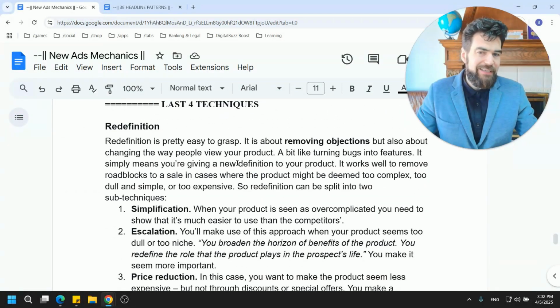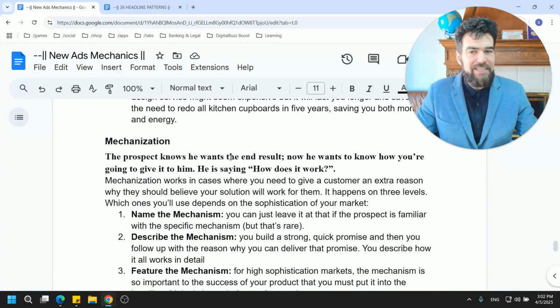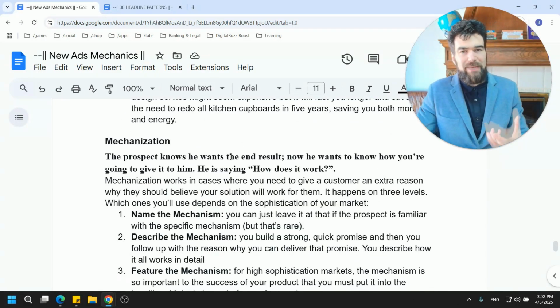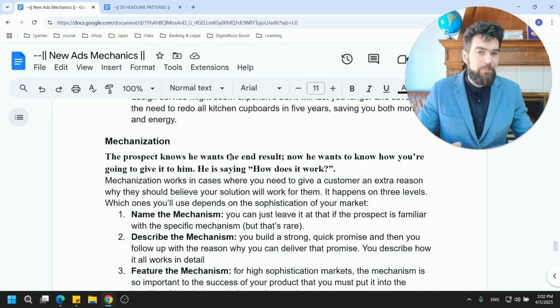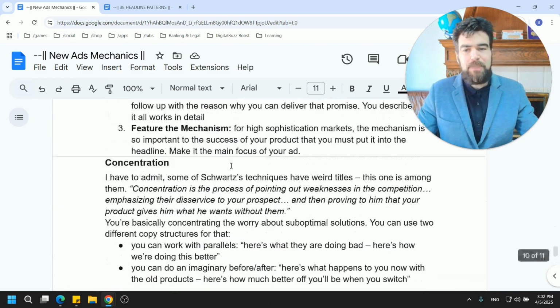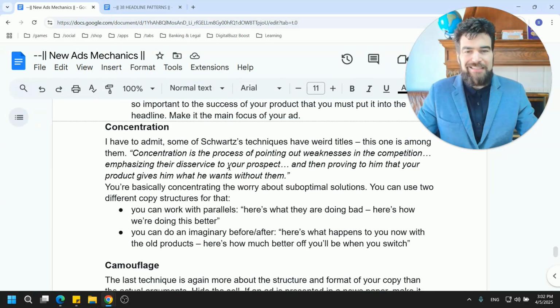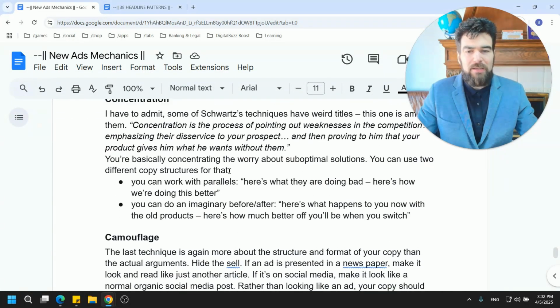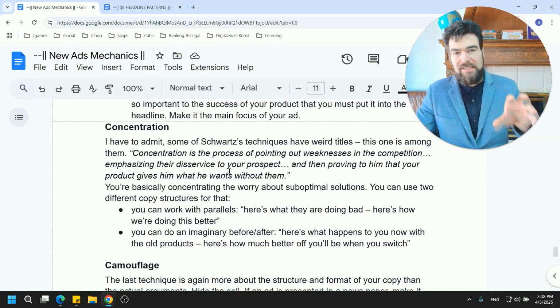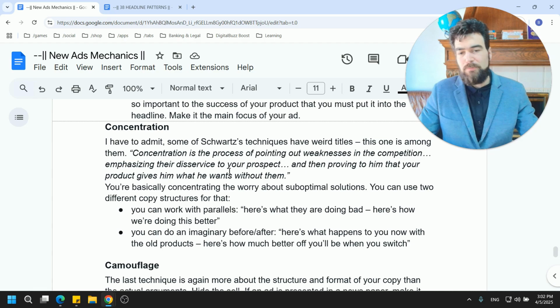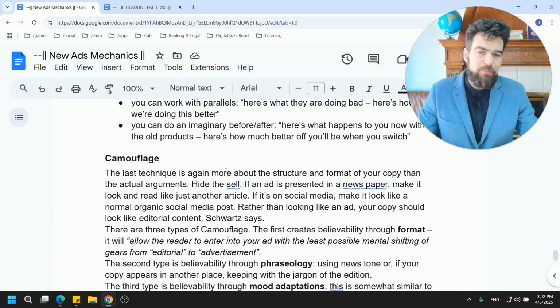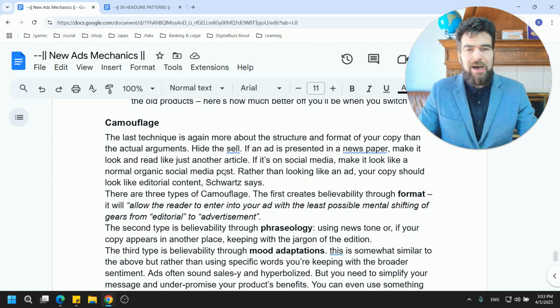And the last 4 techniques are redefinition, which is basically objection handling, mechanization, which is like building out new mechanisms in detail in the copy when we can use that. And concentration is like concentrating on why your product is better than the competitors, mostly. Camouflage is then about hiding the sell.